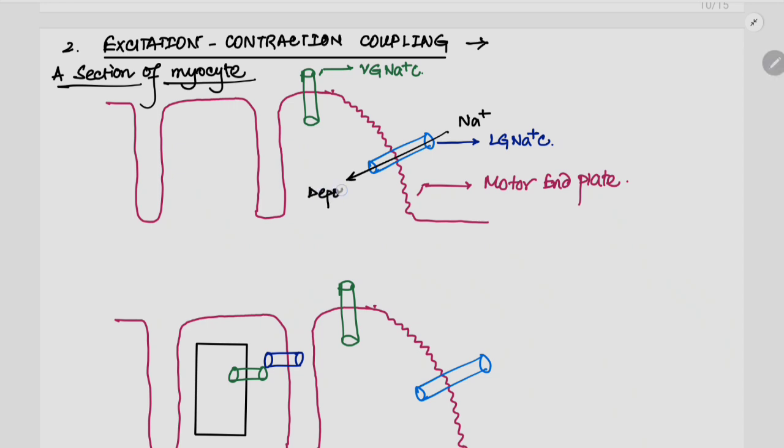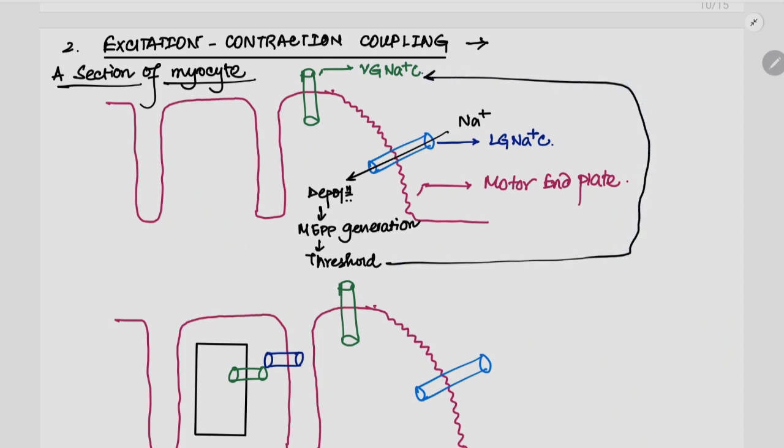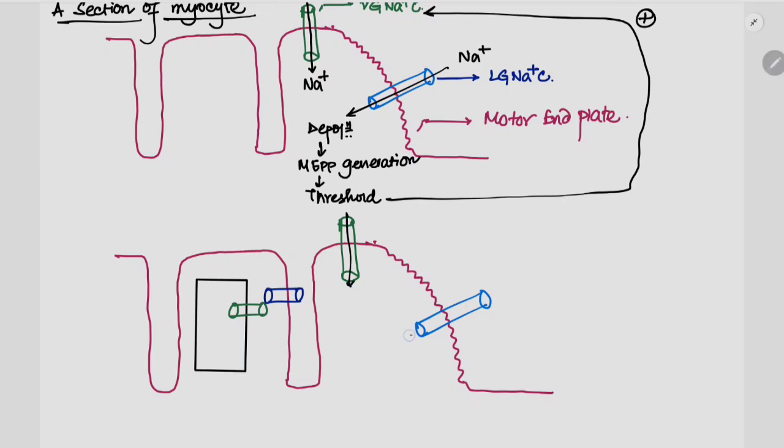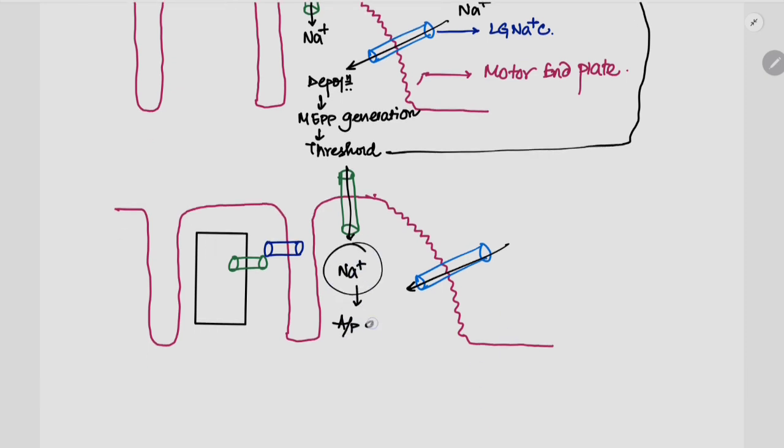So depolarization occurred, motor end plate potential generation, and then it crosses the threshold potential inside the myocyte, which in turn stimulates the voltage gated sodium channels, from where sodium also enters the myocyte, and there is massive depolarization due to both ligand gated sodium channels and the voltage gated sodium channels.